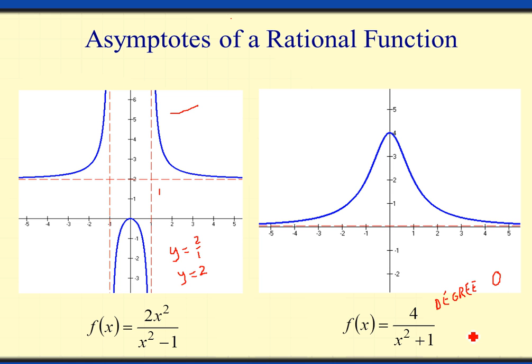And the degree down here is 2. So when the degree of the numerator is smaller than the degree of the denominator, once again, the horizontal asymptote is simply the line y equals 0, which is the x-axis, and that's what we see happening there.